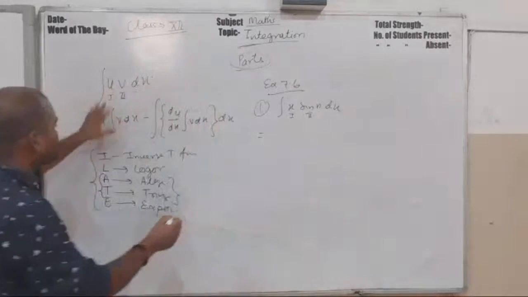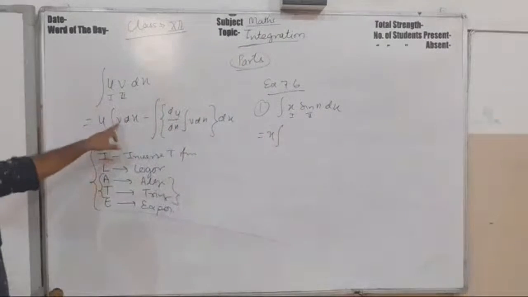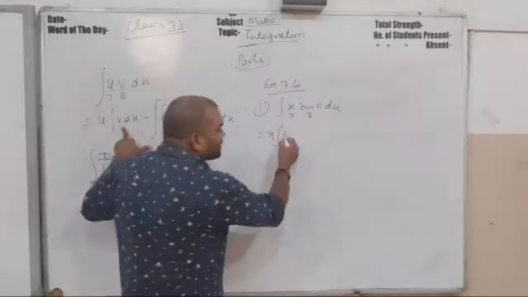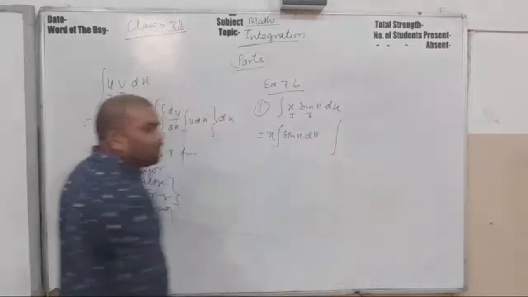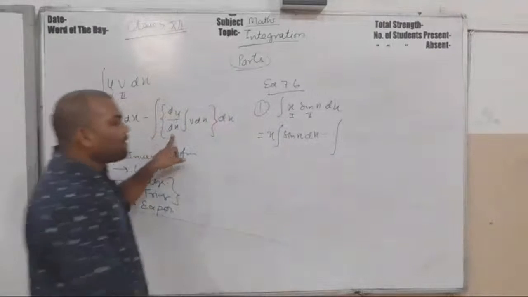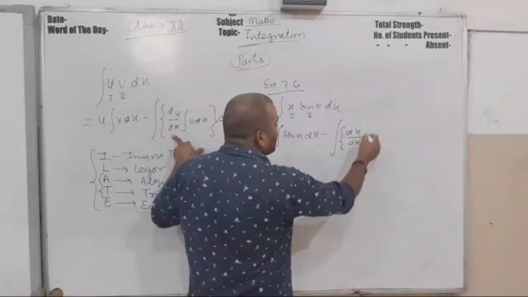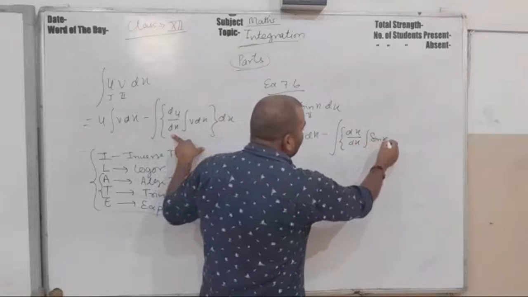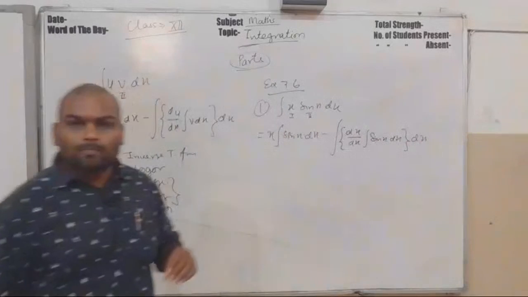So according to this, the first function, that is x, into integral of second function, that is sin x dx, minus whole integral of d by dx of the first function, that is dx by dx, into integral of the second function sin x dx, and then whole dx.